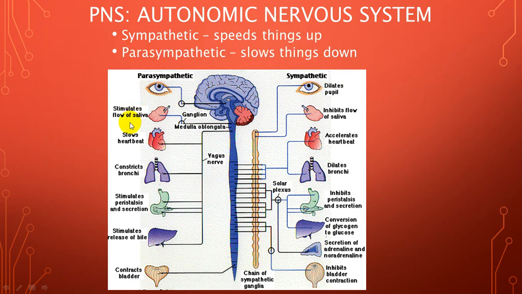And then parasympathetic, I'm calming down, my heart rate is slowing down, my breathing is slowing down, okay? And interesting here, because I'm eating, I'm going to stimulate my peristalsis and my digestion. That makes sense, doesn't it? So when I'm more calm, I can digest my food.